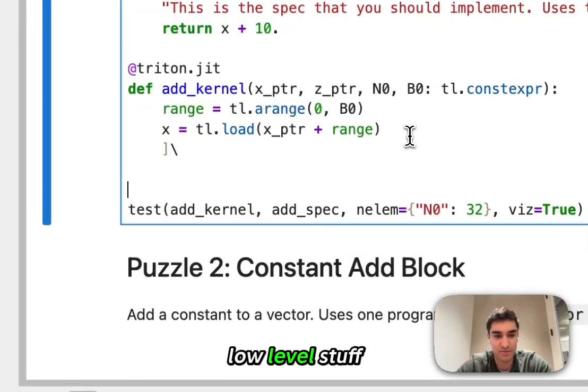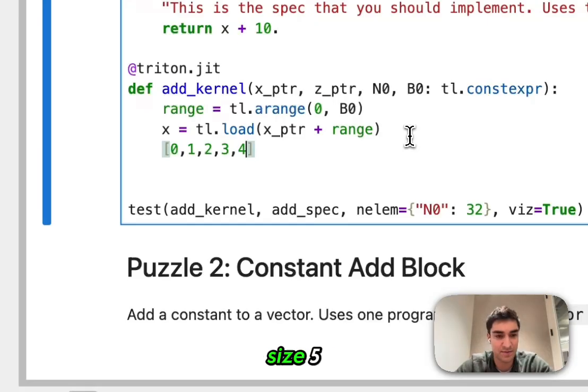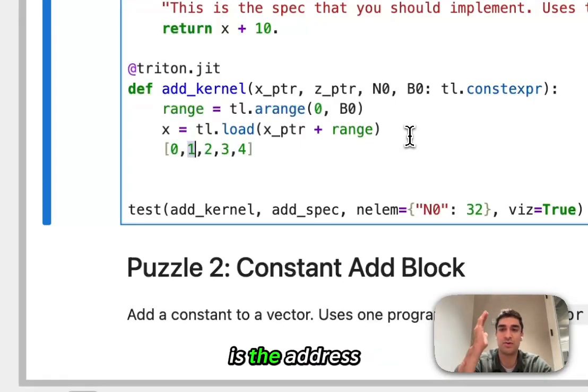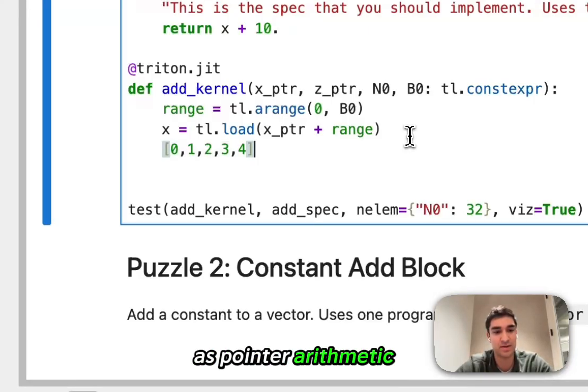If you've done low-level stuff before, this is going to make a lot of sense to you. Let's say we have an array of size 5. The first element is the address, just plus 0. The second element is the address of the first one, plus 1. Then this one would be the address of the first one, plus 2, etc., etc. This is known as pointer arithmetic.